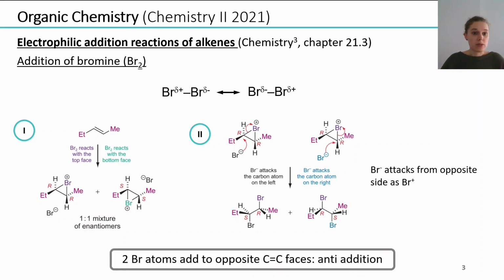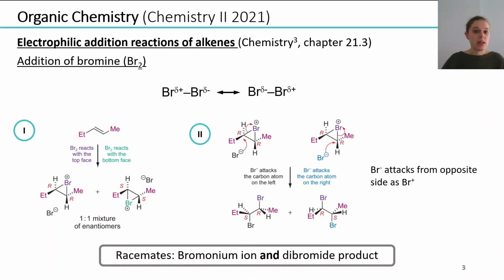What is important now to remember is that we have two bromine atoms added to the opposite carbon-carbon faces in anti-addition. And also important, we have the bromonium ion as racemate and also the dibromide product as racemate.